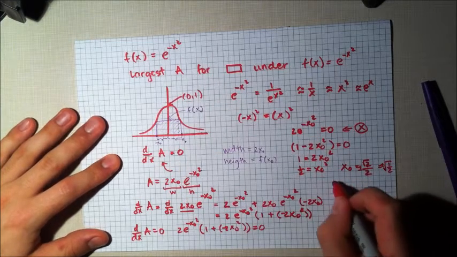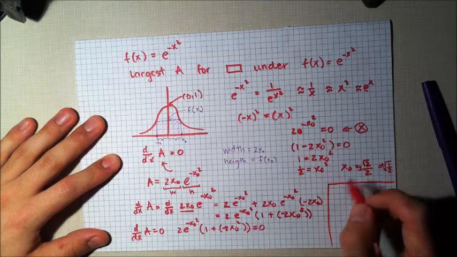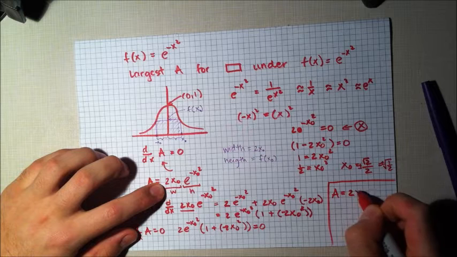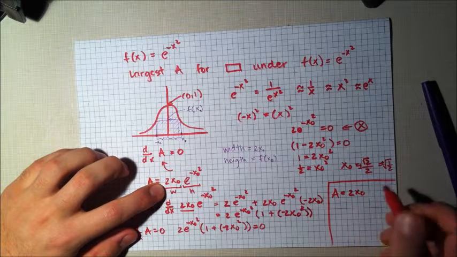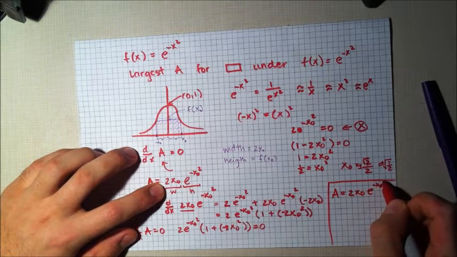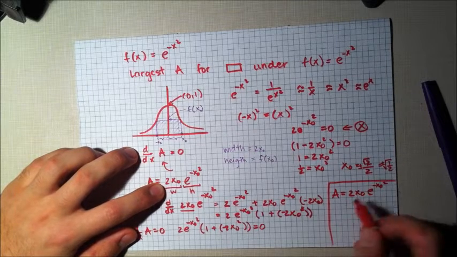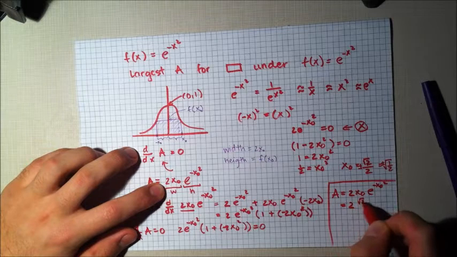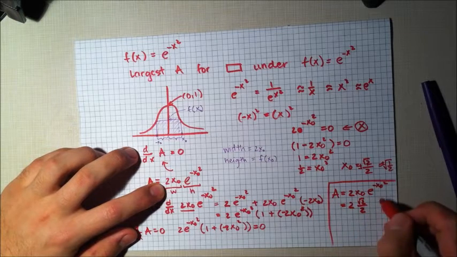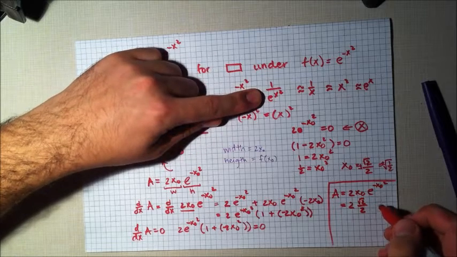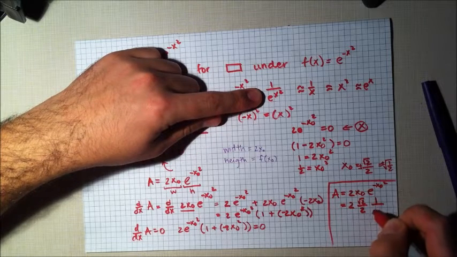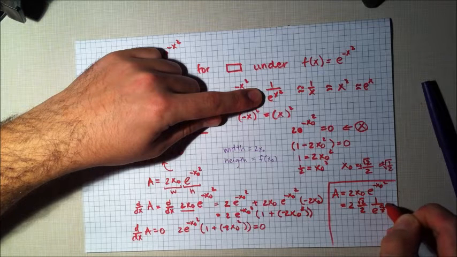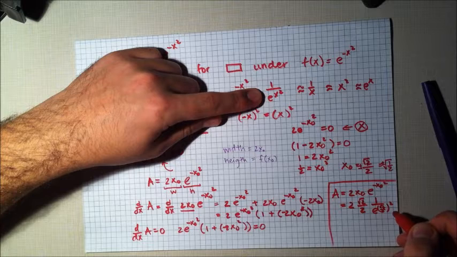Alright, so moving on to finding the area itself, we're going to say 2 times x naught times e to the negative x naught squared. Let's plug in our x naught. 2 times root 2 over 2 times, and let's use this form right here, 1 over e to the power of root 2 over 2, the whole quantity squared.